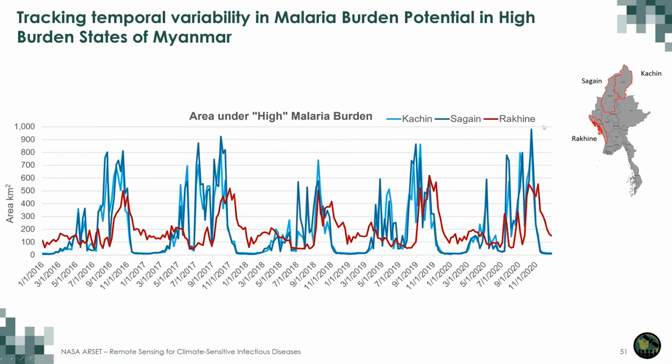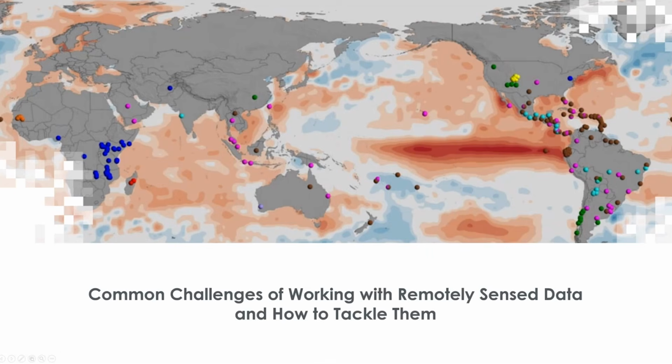For Kachin and Sagaing, which are both in a very similar ecological niche, they are following a very similar trajectory, but they are not identical. Rakhine, which is in a different ecological niche for disease, has a different temporal pattern of risk, both in terms of amplitude and in terms of timing. And that really demonstrates that even though our model is running for the country as a whole, it really is able to pick out local differences.